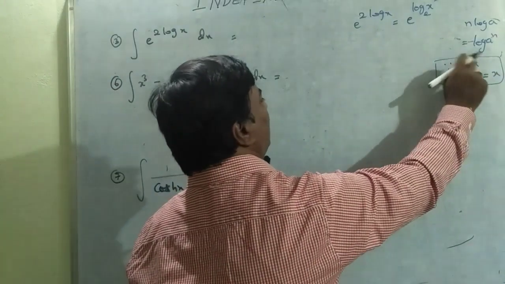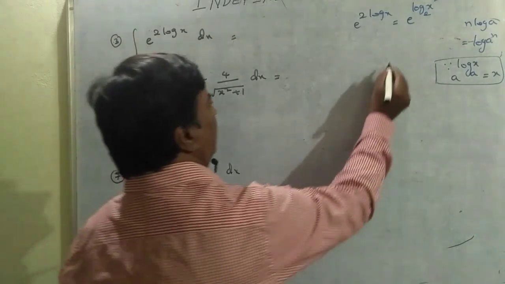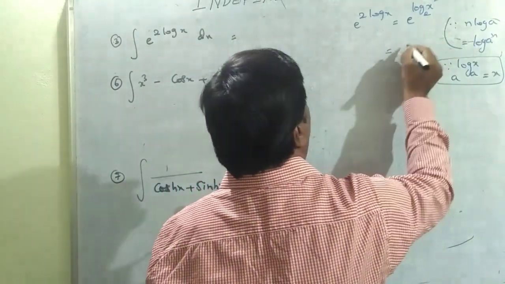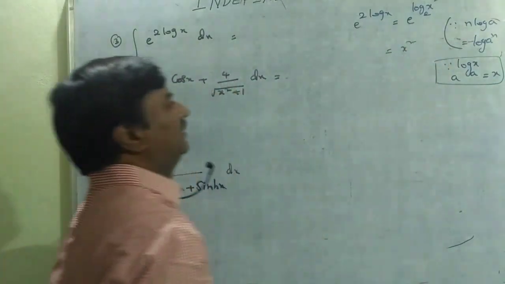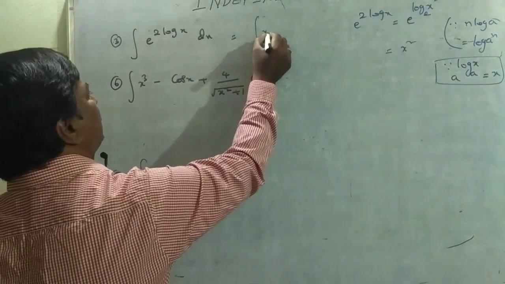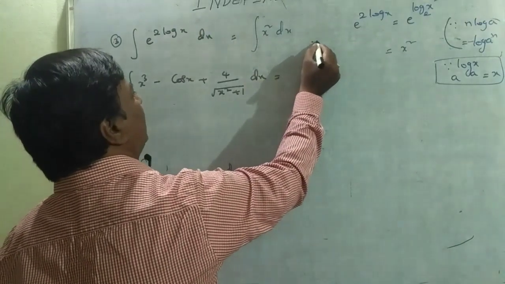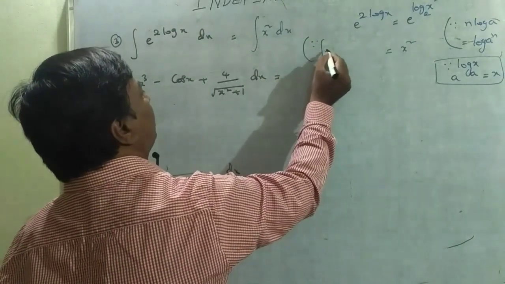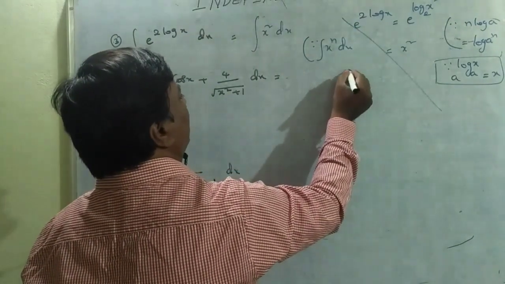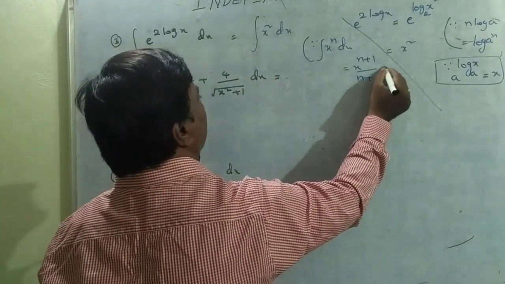Bases are equal, so the logarithm should be removed, and we get x squared. In the same way, using this simplification we can write x squared. Now we use the integration formula: the integral of x to the power of n dx equals x to the power of n plus 1 divided by n plus 1, plus c.